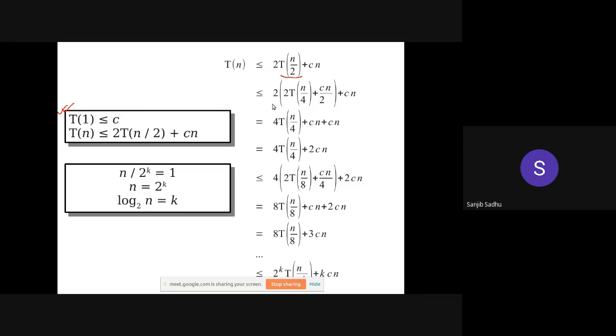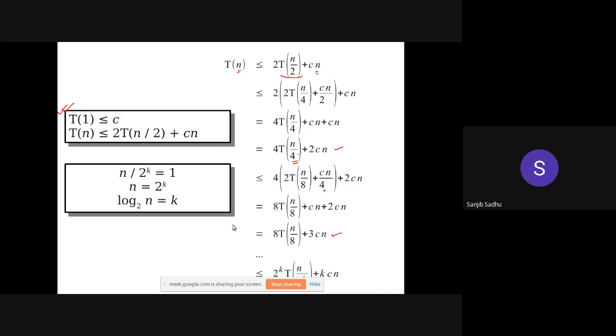If you apply this and simplify, then again you apply it for n/4, and it will be 4T(n/8) + Cn/4. Clear? Check the argument: here it is n, this is Cn, so it is n/4, so Cn/4. In this way you expand.